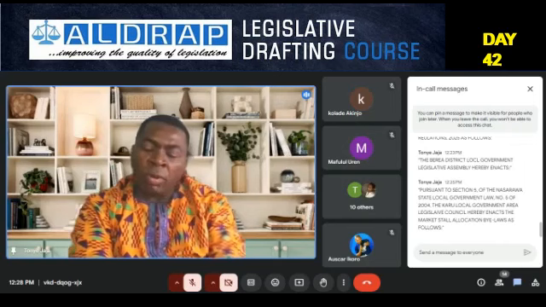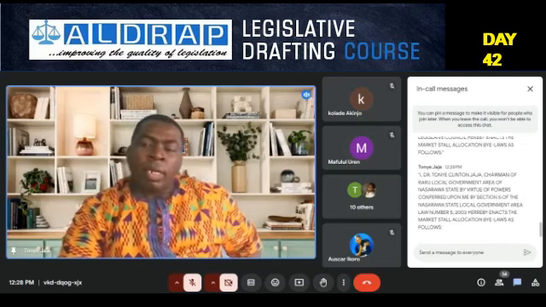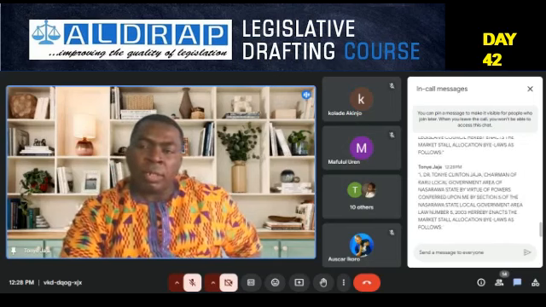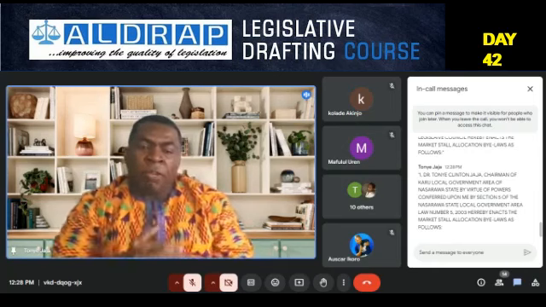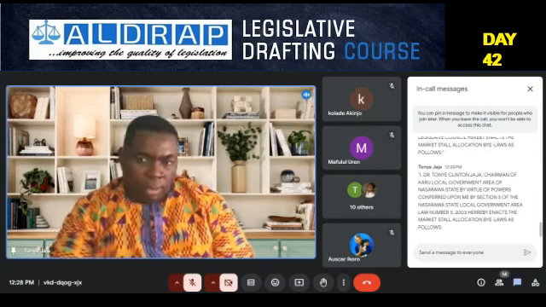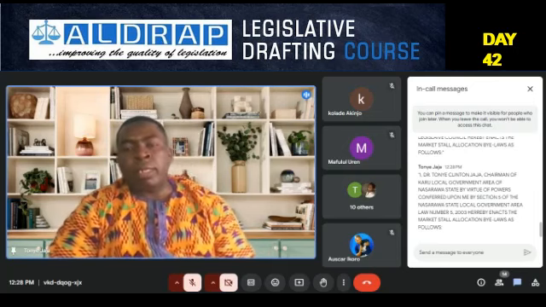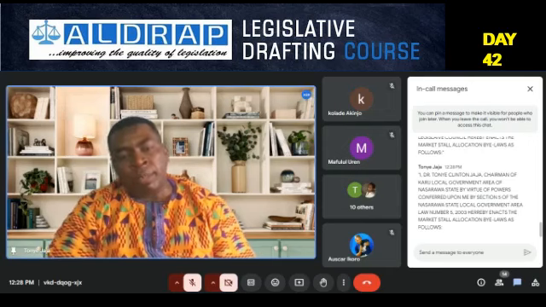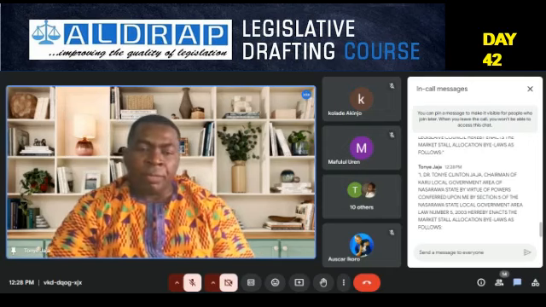So have a look at it. These are the differences depending on the type of government that's in place. So this last one is for when there is a caretaker government, local government, caretaker.